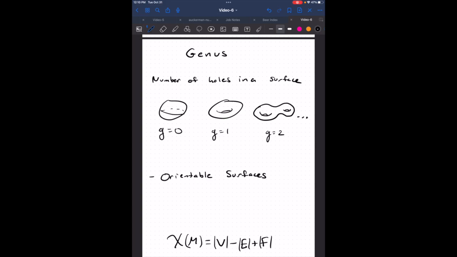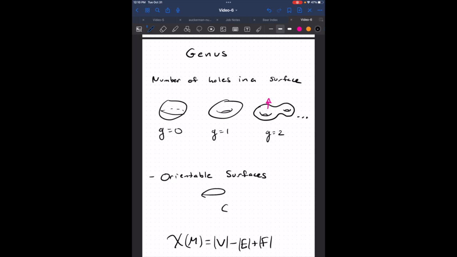So we haven't talked too much about orientable surfaces, but we do require our surfaces to be orientable, which means we have a way of defining a normal vector consistently. So when we compute curvature, we want to know it's signed, so we need to have a consistent way to define a normal vector.